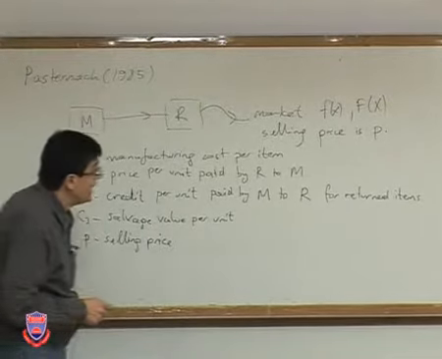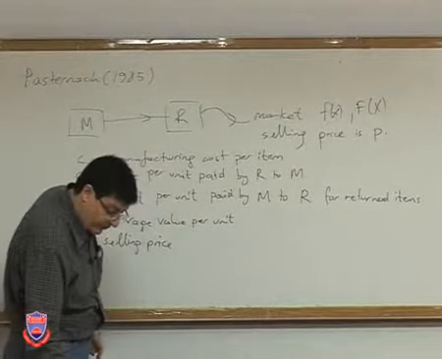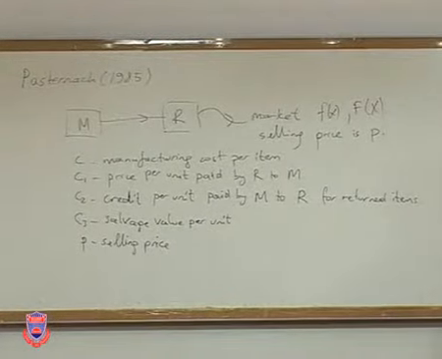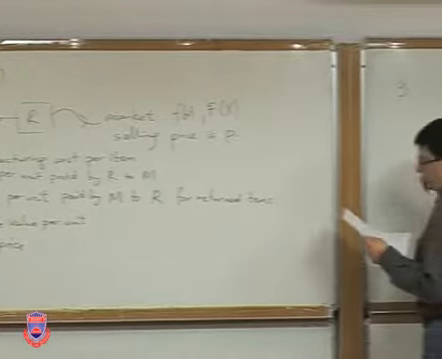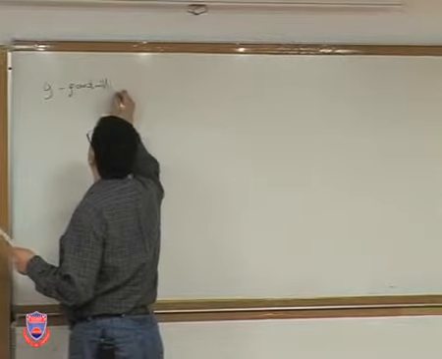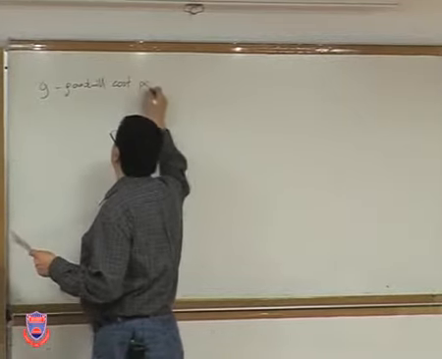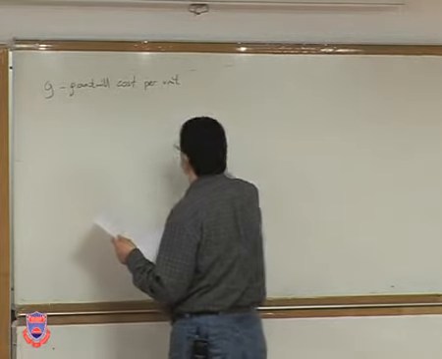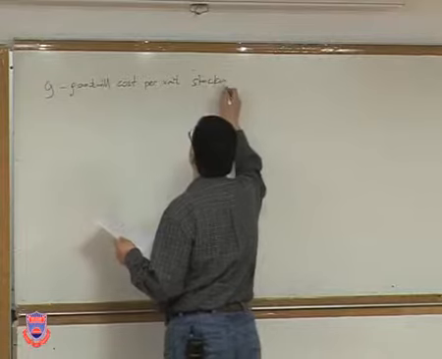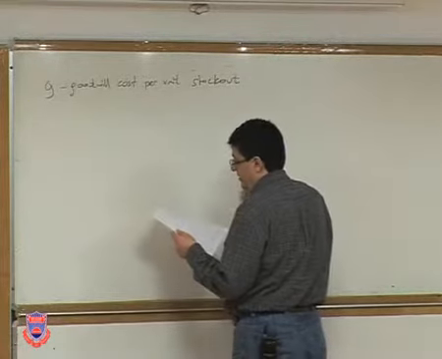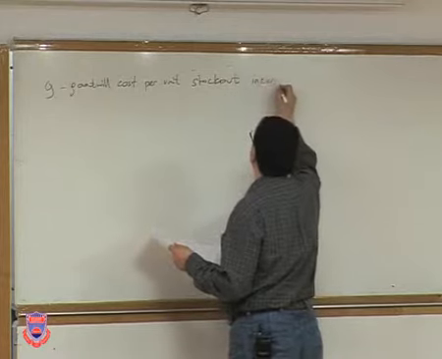And now we have goodwill costs, of course. Let's say that we have a G, which is the goodwill cost per unit stock out incurred by the retailer.